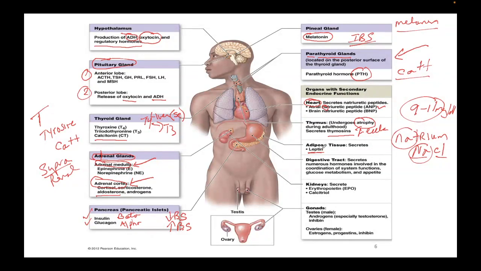It's the leptin that makes you feel full after you eat food that has fat in it. But adipose is also interesting because it releases something called cytokines, and cytokines can be very inflammatory. Cytokines are inflammatory messengers.